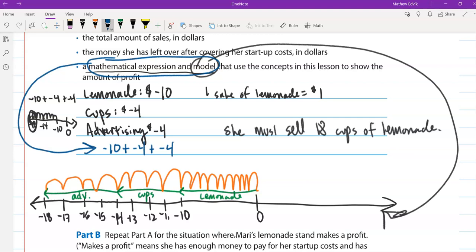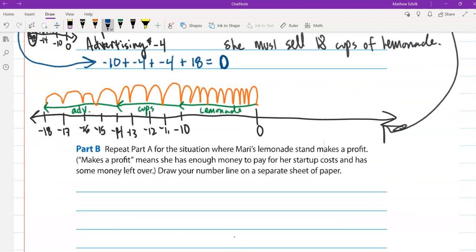And then if we add 18 to that, because that's the profit that she made, or the amount that she made on every cup that she sold, then that ends up equaling 0. So that's how part A of that problem works.